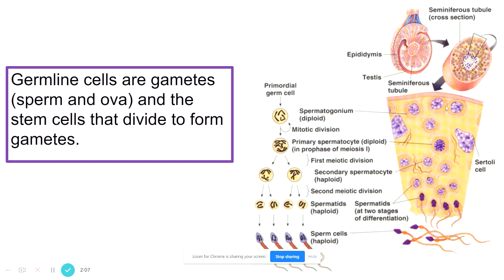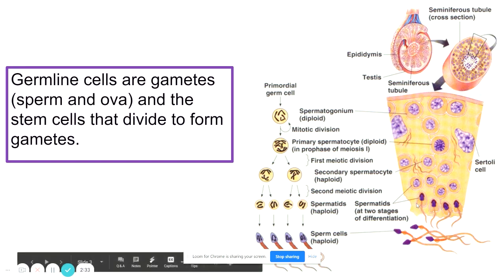Okay, so as with any cells, they will want to reproduce themselves, make exact copies, and therefore they will divide by mitosis to produce copies of themselves. But they will also divide by another mechanism called meiosis. Meiosis involves two different divisions that will ultimately give rise to the actual haploid gametes, or sperm in this case.